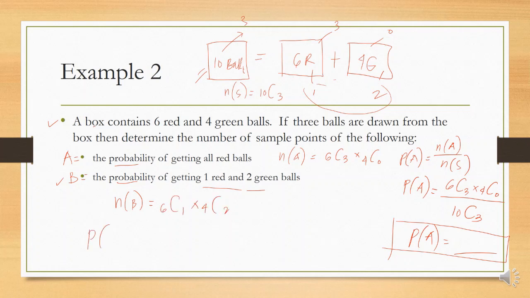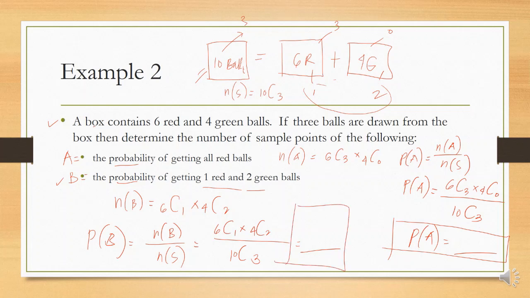Now, for P of B, that would be the event B divided by N of S pa din. So, magiging 6 combination 1 times 4 combination 2 divided by 10 combination of 3. So, please, paki-compute yung fraction dito.